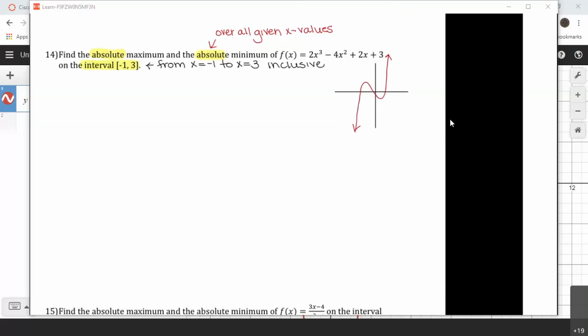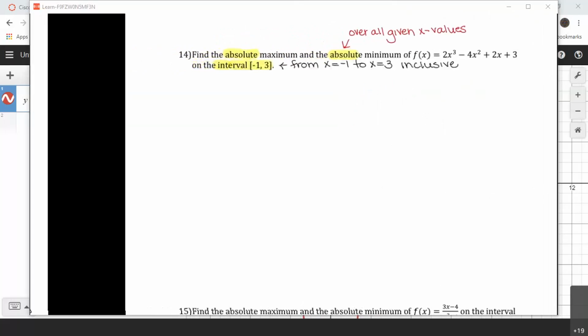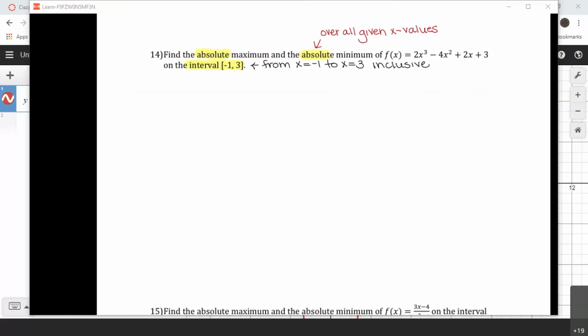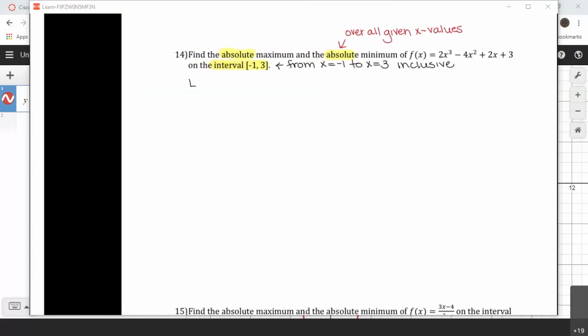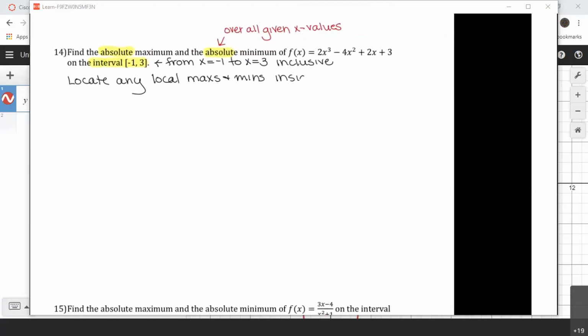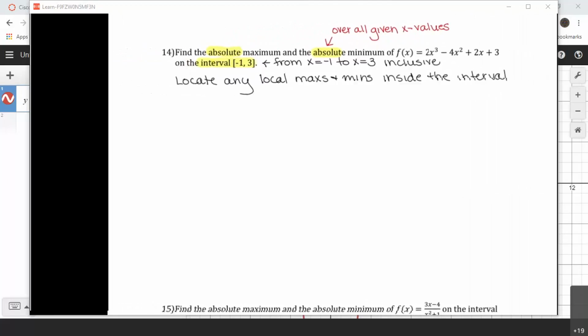All right, I need to get rid of the picture because I need the room to work. So I'll just get rid of that temporarily. So how do we do this? The strategy for finding these is to locate any local extrema, local maxes and mins inside the interval, and I do that by taking the derivative and setting it to 0.